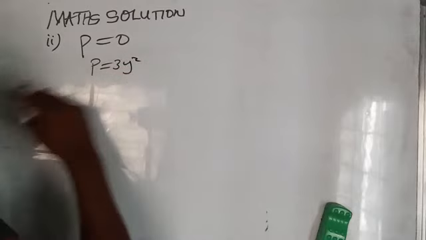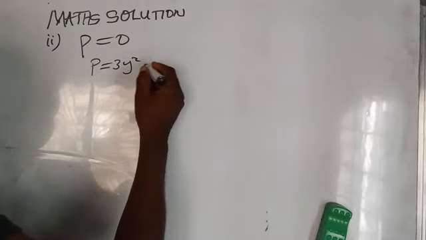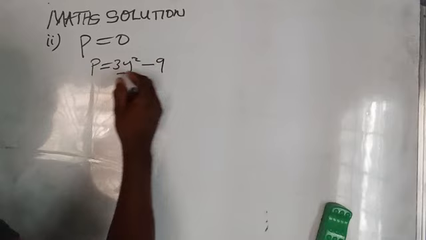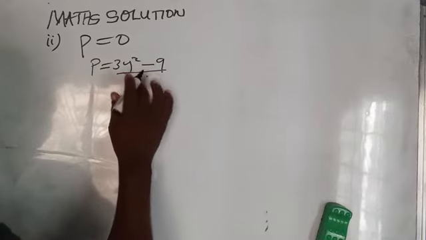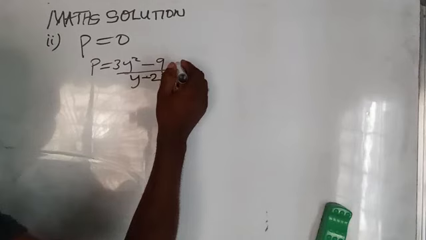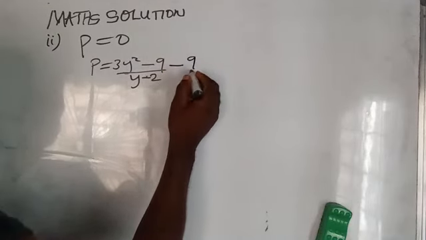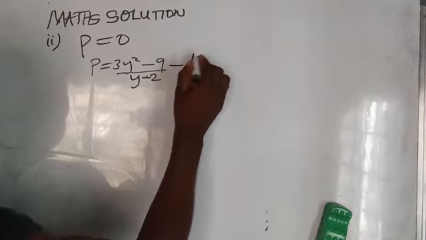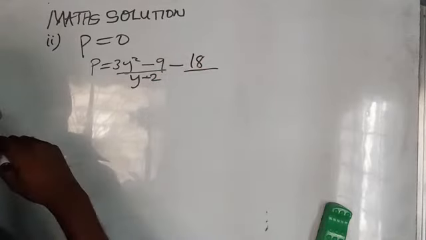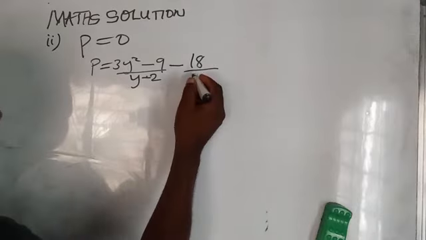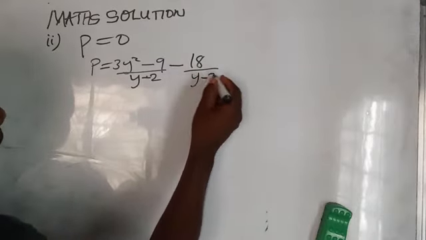3y squared minus 9 all over y minus 2, minus 18 all over y minus 2.